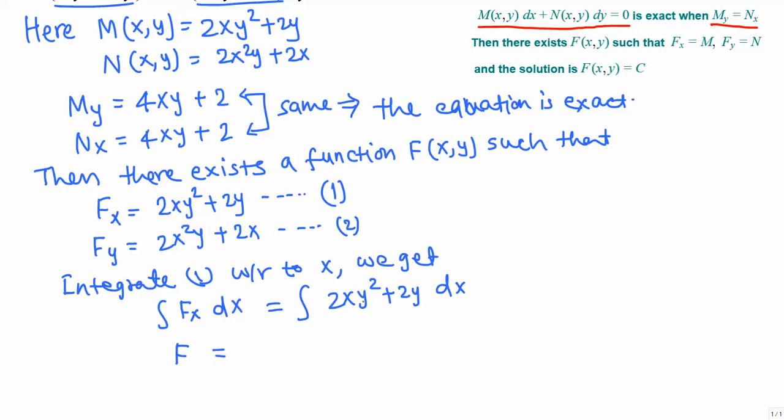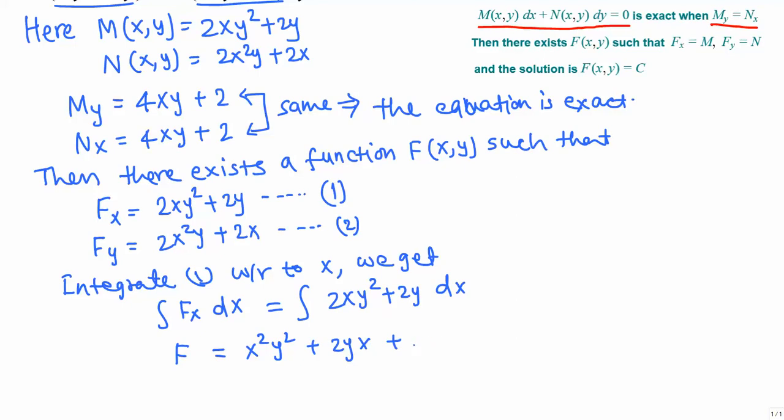Now let's integrate: y squared is constant, the antiderivative of 2x is x squared, so this is x squared y squared, plus 2y is constant because we are integrating with respect to x. The antiderivative of 2y times 1 is 2y times x, plus some constant of integration.